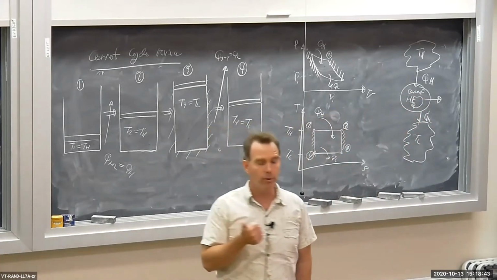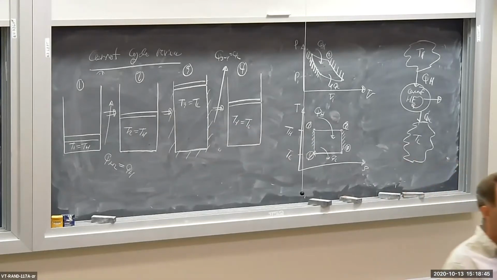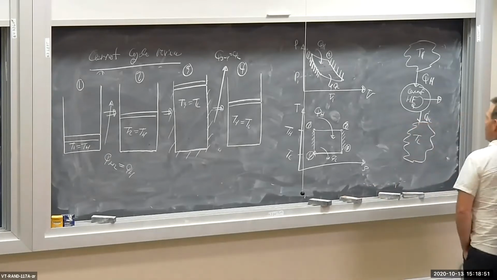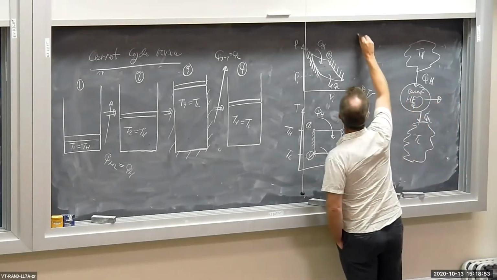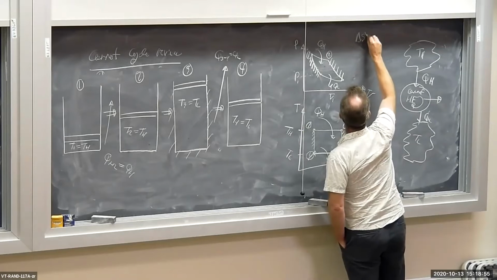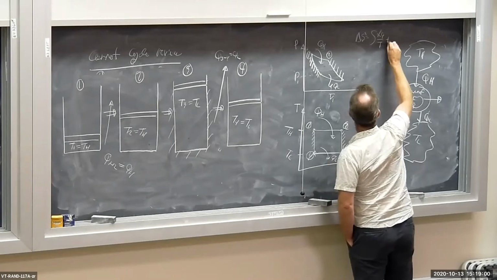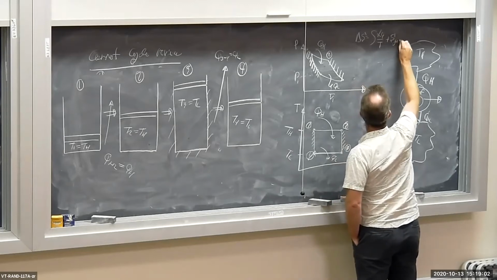Now remember, the Carnot cycle is reversible, so there's no S-gen. If it's adiabatic and there's no entropy generation, that means it's isentropic. Remember the entropy balance: delta S for a closed system is equal to the integral of del Q over T plus S gen.